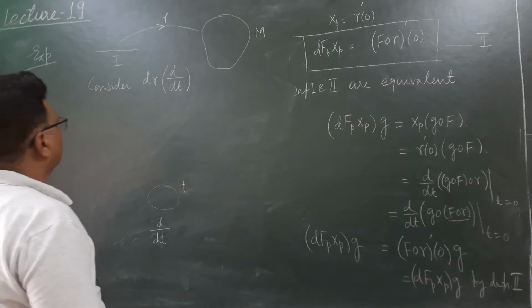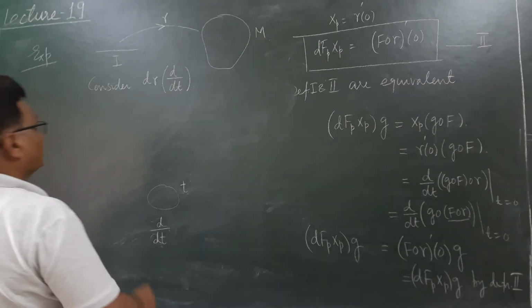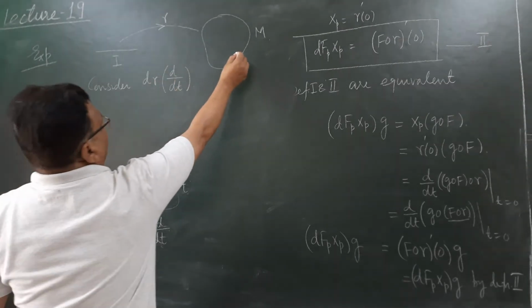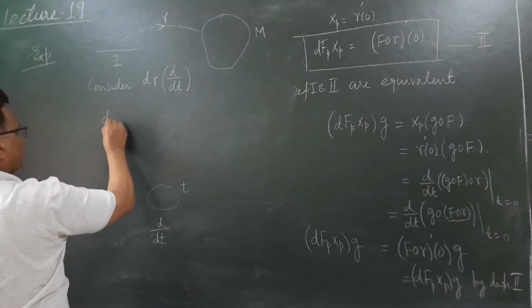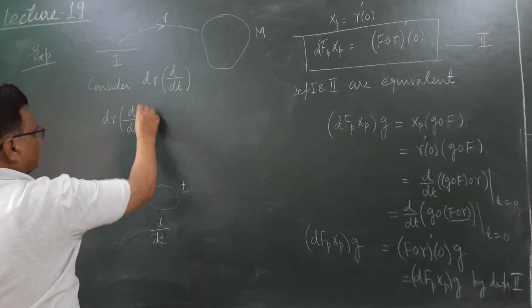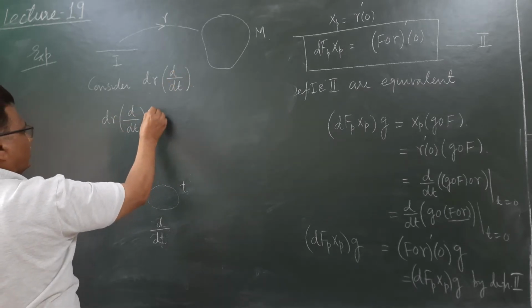So this I have to consider. By definition, it is just a tangent vector on M. So d gamma operating on d by dt, being a tangent vector on M, will operate on a function on M.